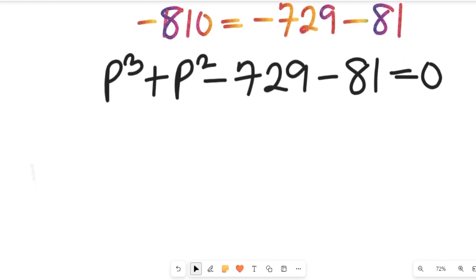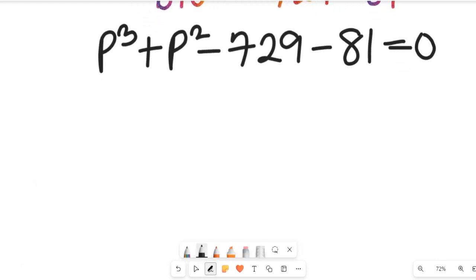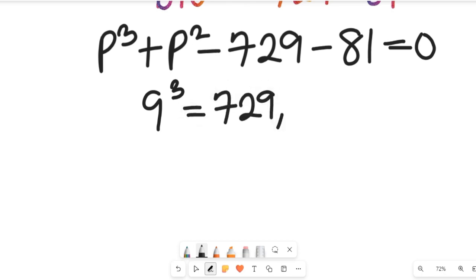Great. So, having done this, I want you to recall something, that 9 to the power of 3 is equal to 729, and we'll also have 9 to the power of 2 equal to 81.